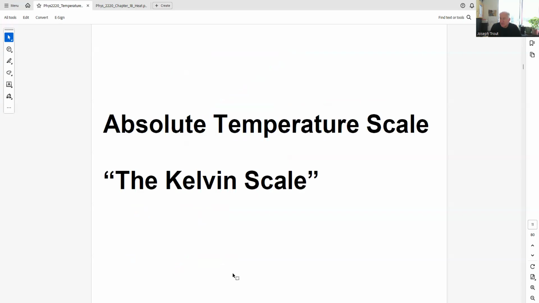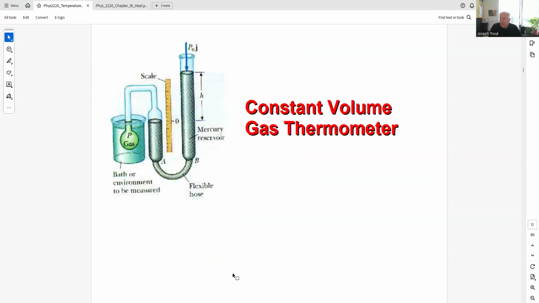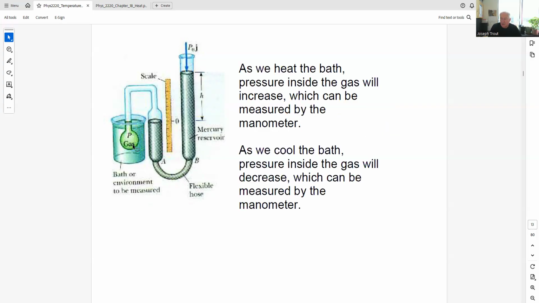There's also the absolute or Kelvin scale. In this case, we use a constant volume gas thermometer to figure out what that is. We have a vessel and we heat it or cool it and measure the pressure inside. So as it heats, the pressure will increase and we can measure that.